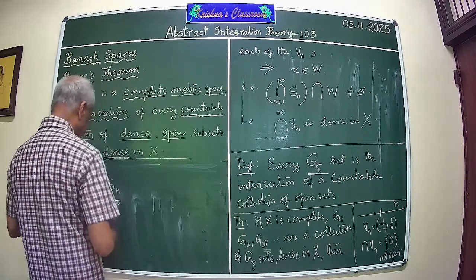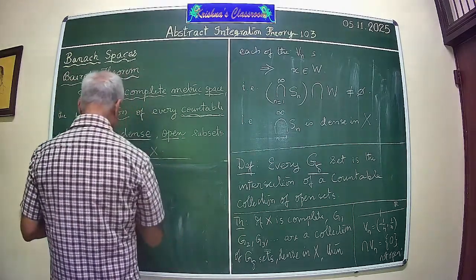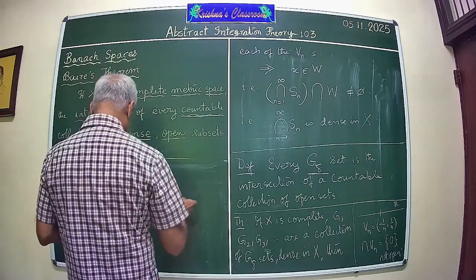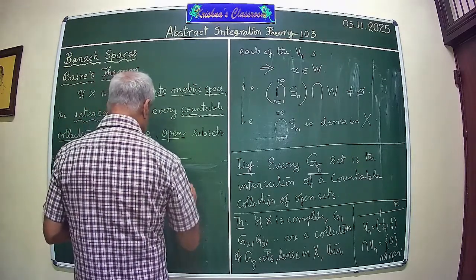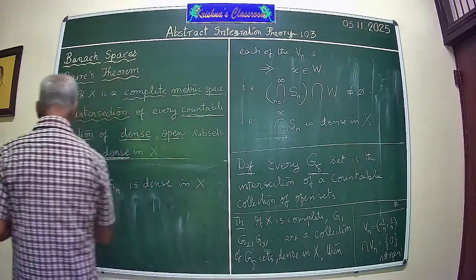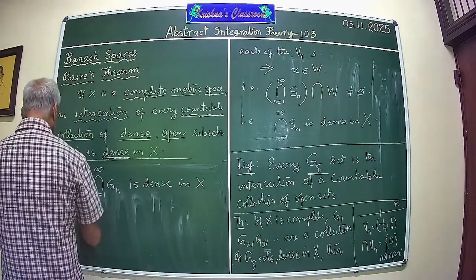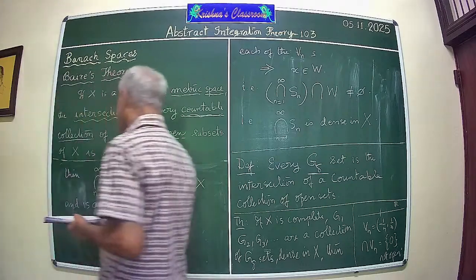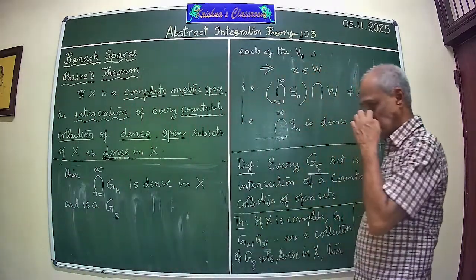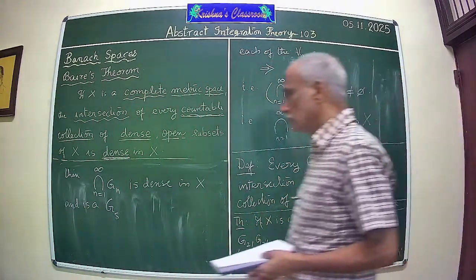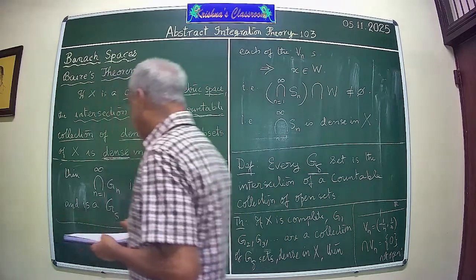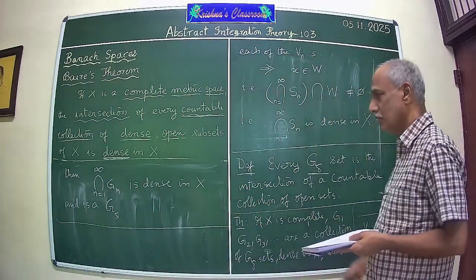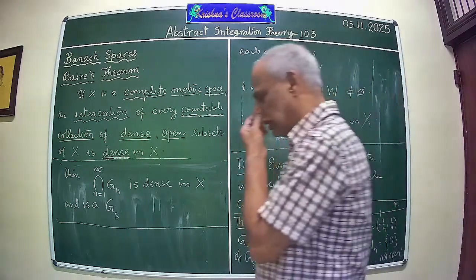Countable intersection of G deltas is dense in X and is G delta. Okay. So first of all what we need to do is just translate this result into an application of this theorem.